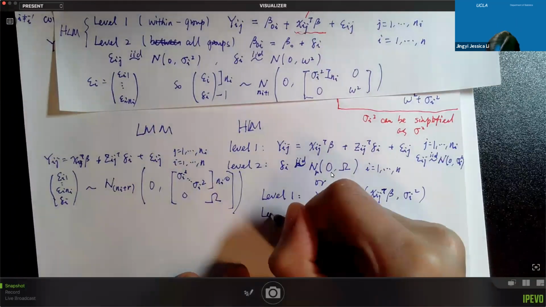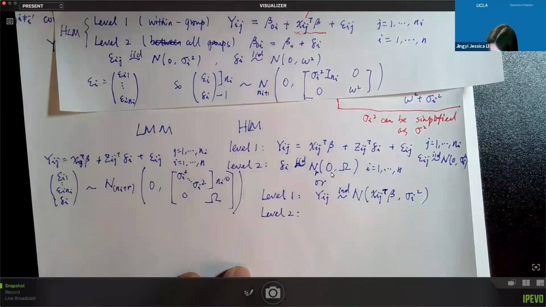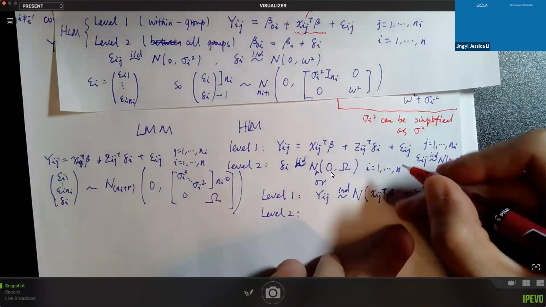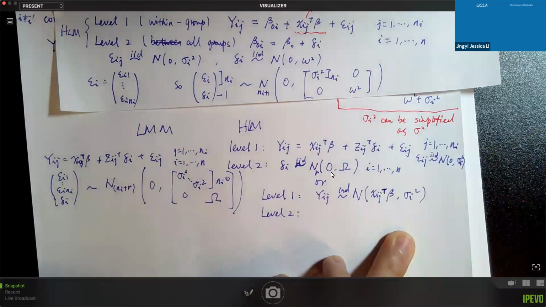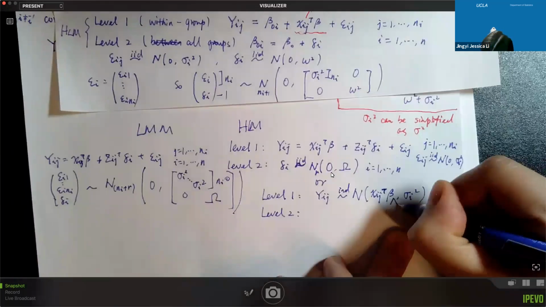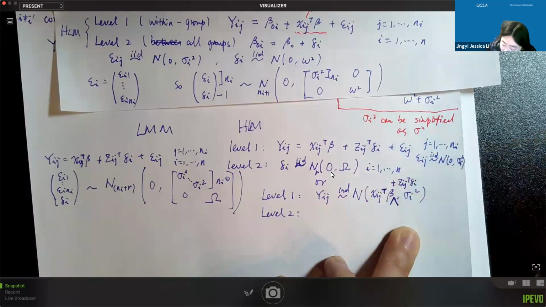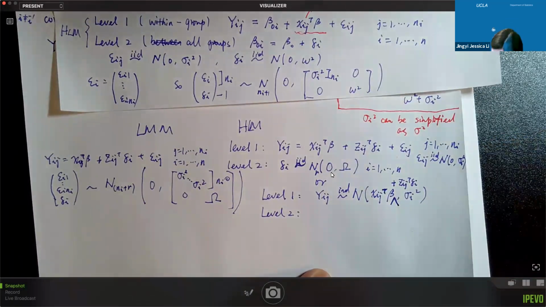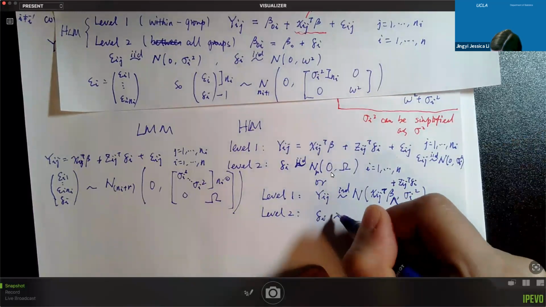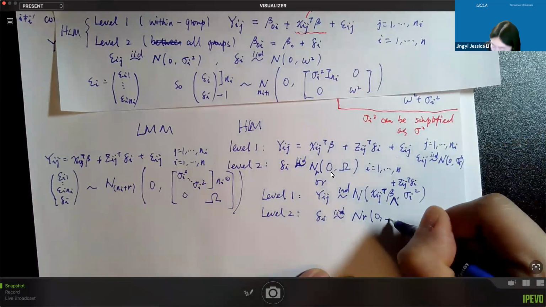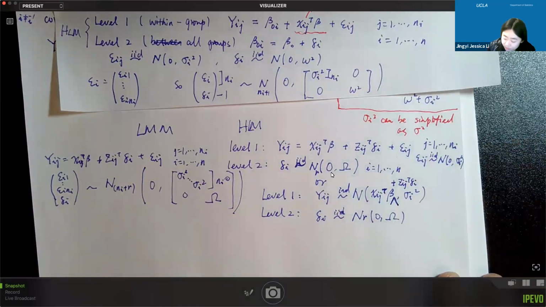In level 2, delta I are IID from an R-dimensional normal distribution with mean 0 and covariance omega. This is another way of writing level 1, so I have two layers of normal distribution.